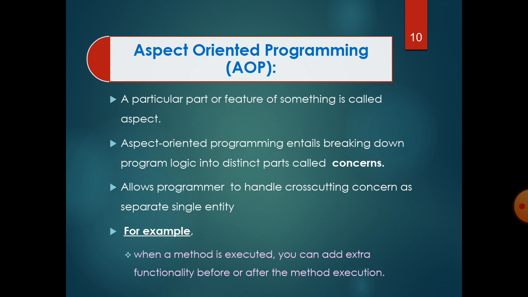So the main concern of this aspect oriented approach is the separation of concerns. Separation of concerns is a key principle of software design and implementation. It means that you should organize your software so that each element in the program, like a class, method, or procedure, does one thing only.